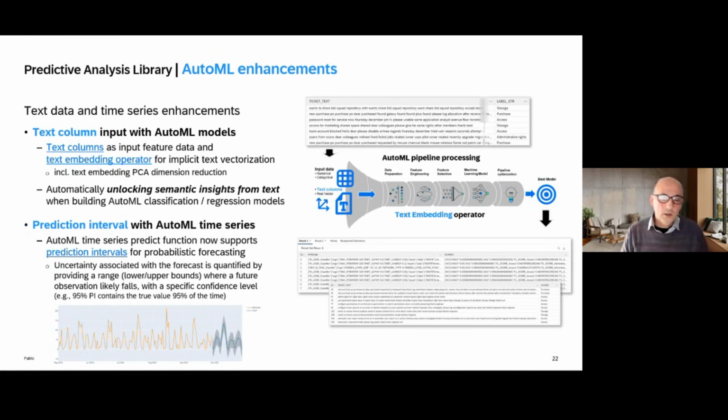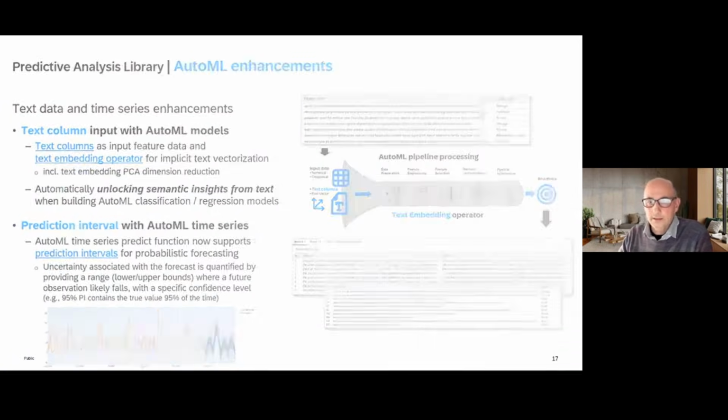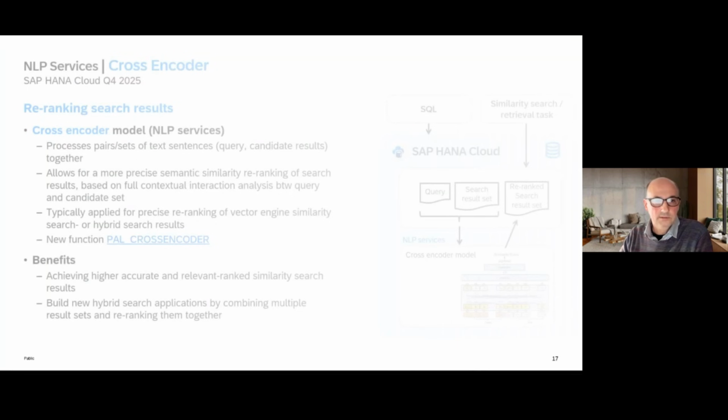And then for users who build AutoML time series models, one gap we still had in the forecast predictions was that the AutoML time series pipelines did not provide prediction intervals, which we've now added to the prediction functions, providing the confidence bands as output for such predictions as well. So a key gap closer for time series models.